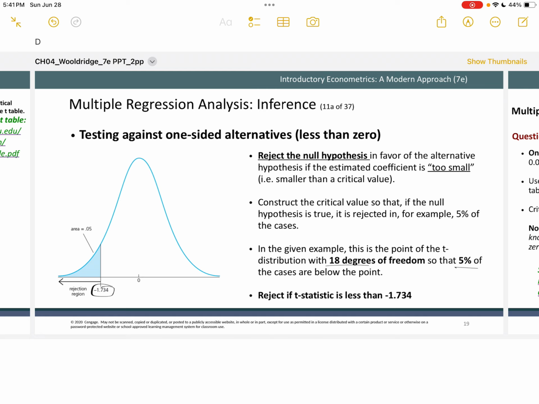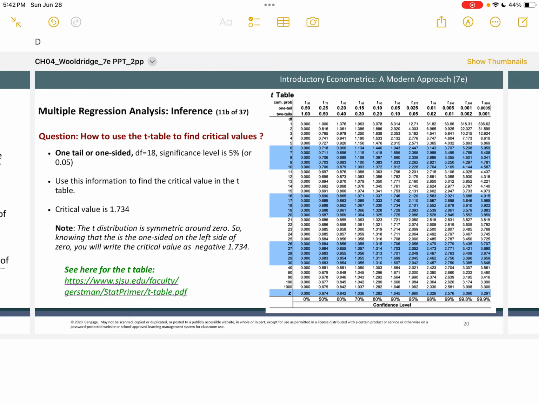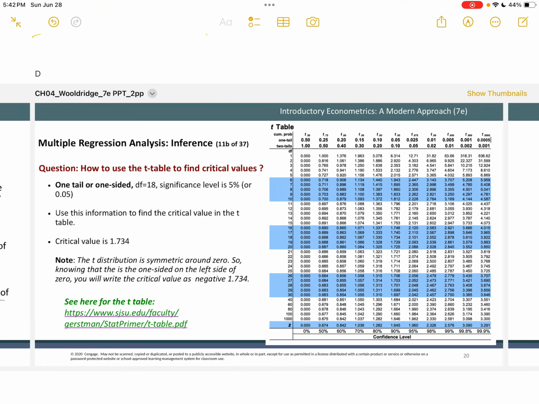Less than 0 is negative, isn't it? So we will reject the null if the t-statistic that we find falls in the rejection region, if it is even more negative than negative 1.734.